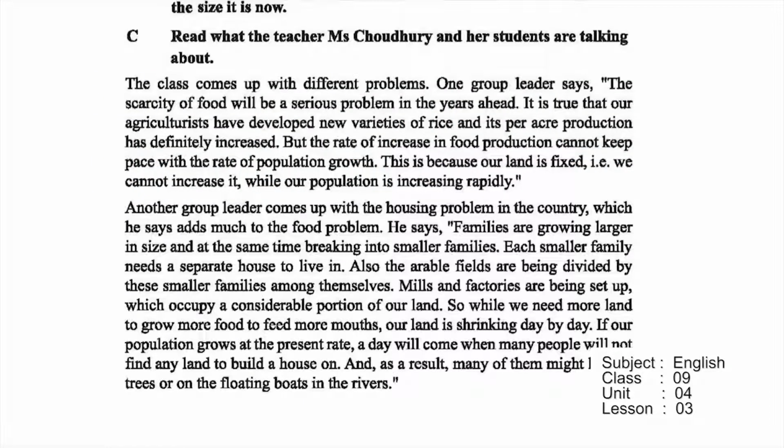So here are the words you need to underline: scarcity, occur, agriculturist, increasing, and rapidly, which we already came to know the meanings of. Another group leader comes up with the housing problems in the country, which he says adds much to the food problem.